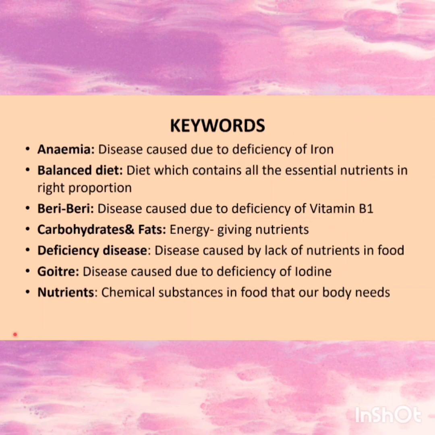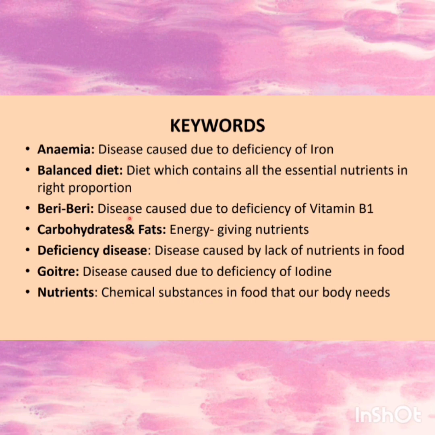Before we go further, it's very important to know about the new terms or keywords. First of all, anemia, disease caused due to deficiency of iron. Balanced diet, diet which contains all the essential nutrients in right proportion.